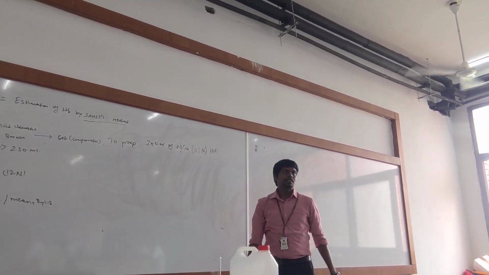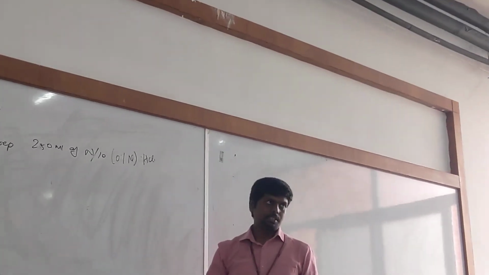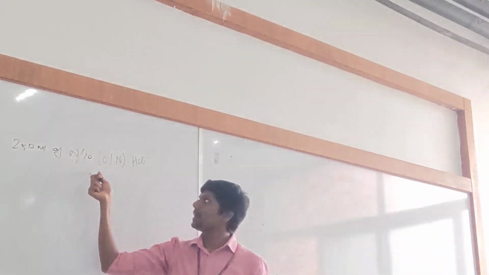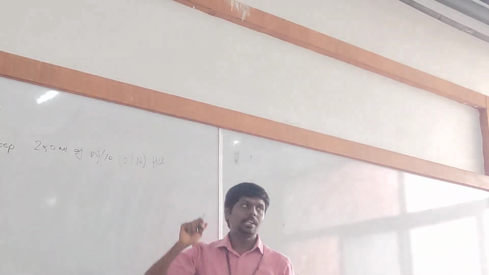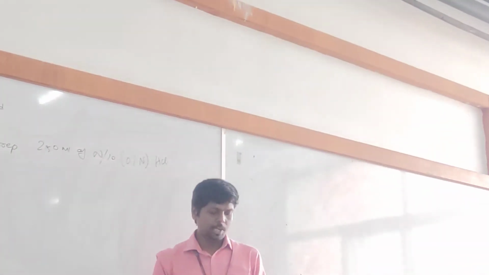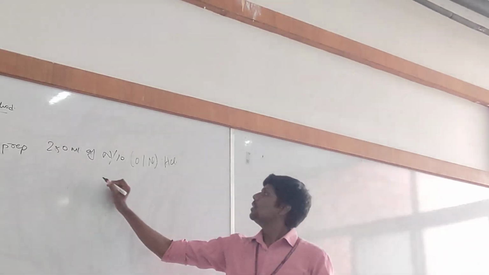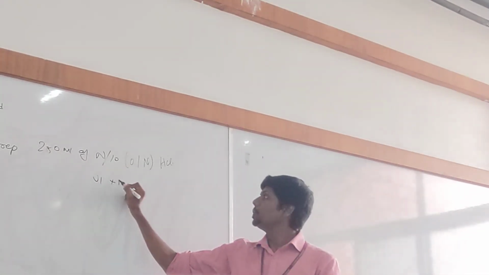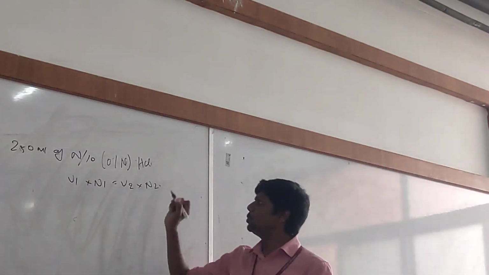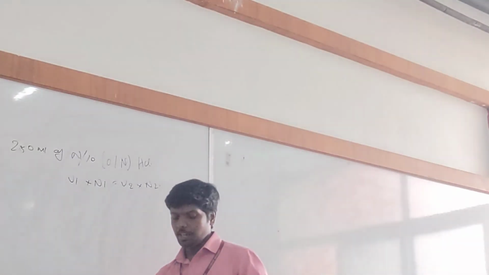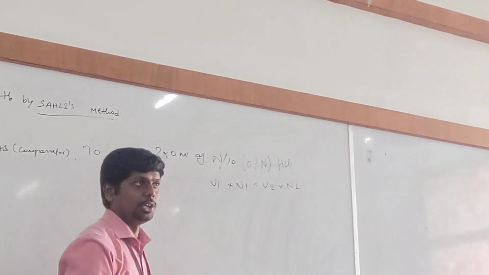This is our target, to prepare 250 ml of N by 10 or 0.1 normal HCl. For this, the formula goes like this: V1 into N1 equal to V2 into N2.